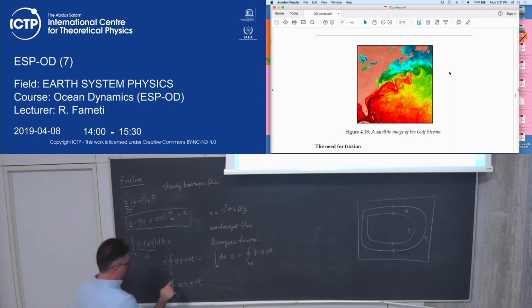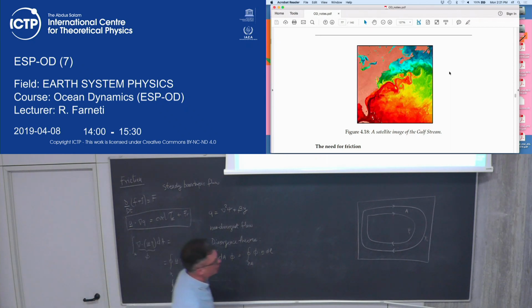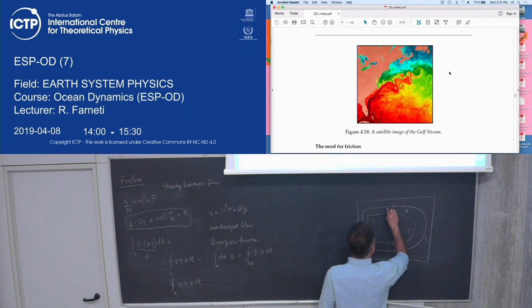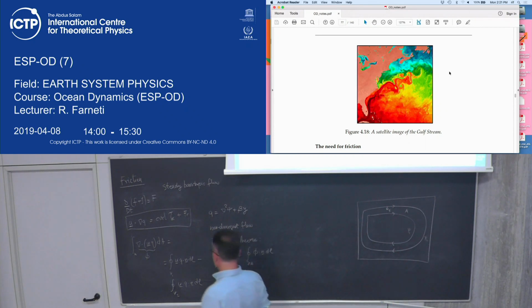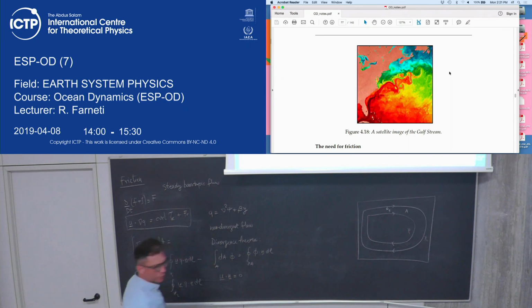But now you know that this unit vector n is normal to the streamline. So that means that u·n is equal to 0.